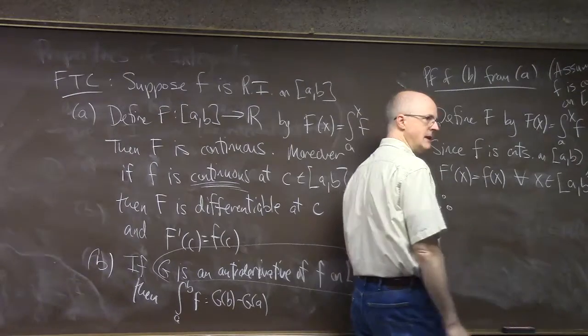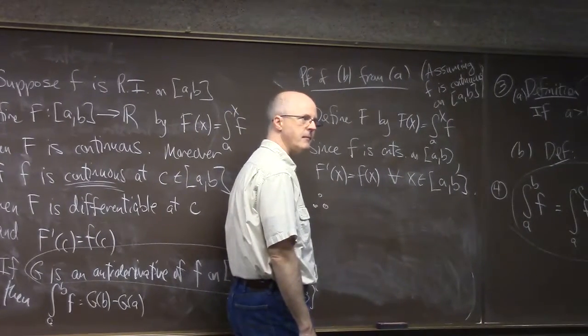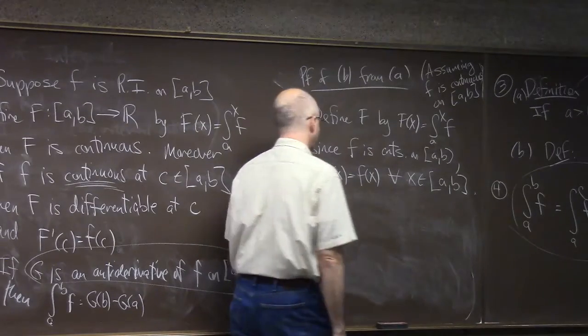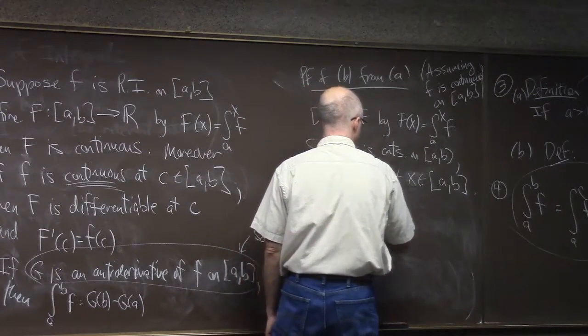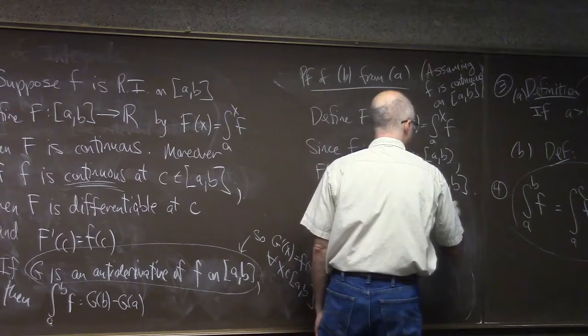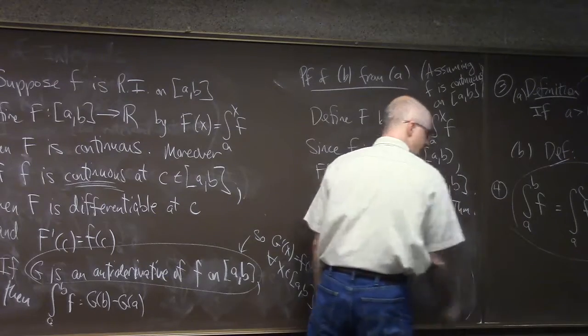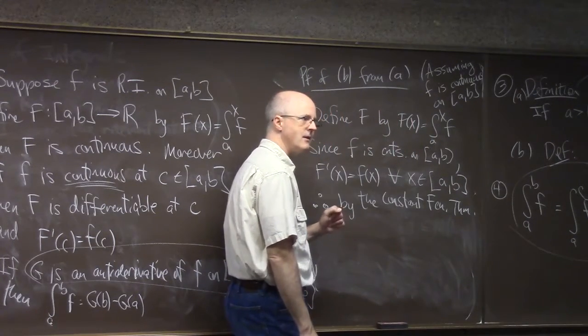Therefore, essentially by the mean value theorem, though it's a more direct application of the constant function theorem. I'll go ahead and say by the constant function theorem, the theorem that says if your derivative is always 0 over an interval, then the function is constant over that interval.